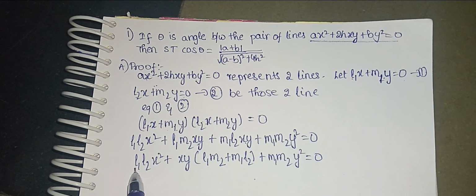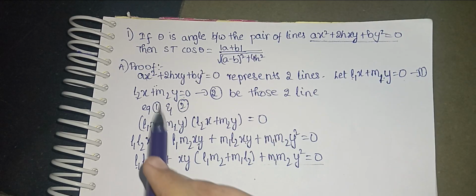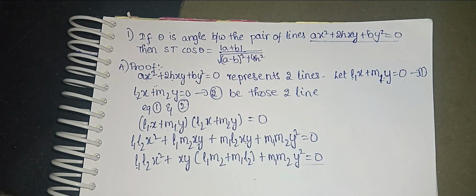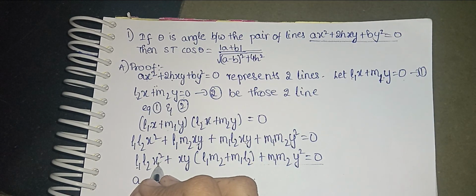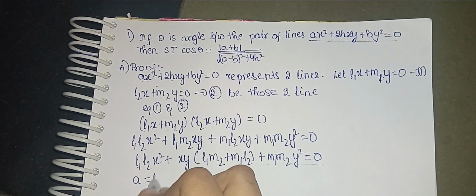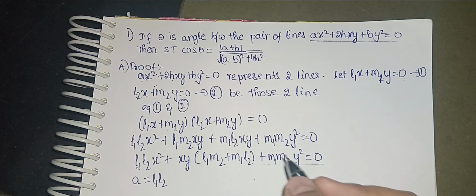Now compare this equation with the earlier equation. By comparing, we know that L1 L2 x square, here ax square is there, means L1 L2 is equal to a.